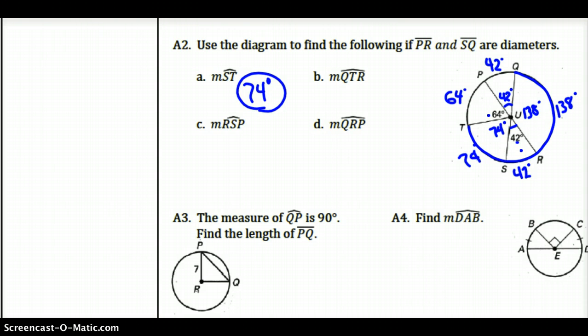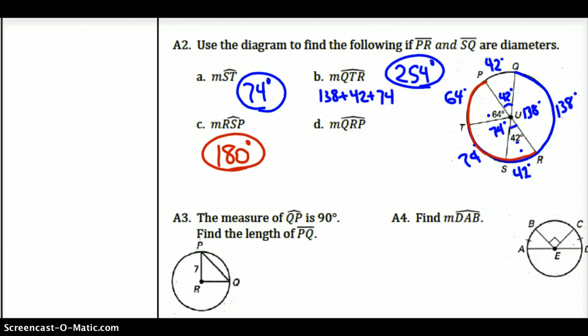So I could just add up 138 plus 42 plus 74 and get 254 degrees. RSP looks like a diameter of a semicircle, so that will be 180 degrees.